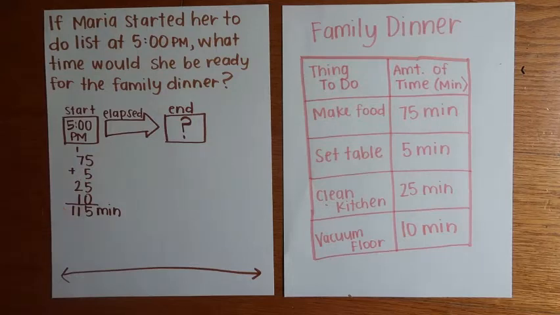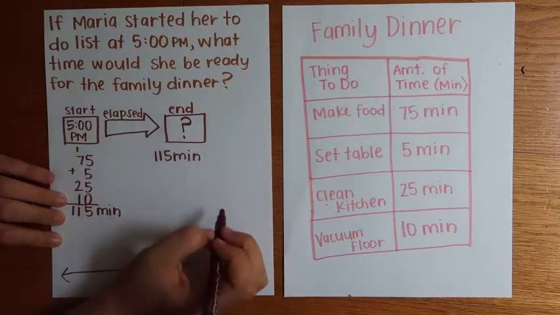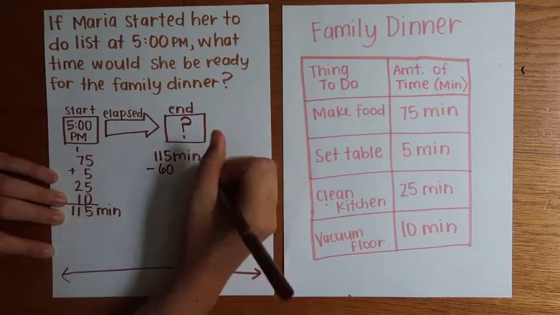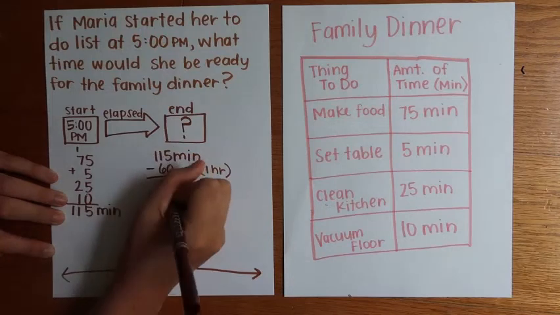Now keep in mind, that is not the same thing as 1 hour and 15 minutes. I need to convert this from minutes to hours to figure out what that's gonna be. So I got 115 minutes, and I have to take away an hour to see how many minutes are left over.